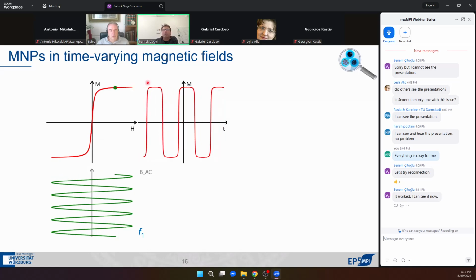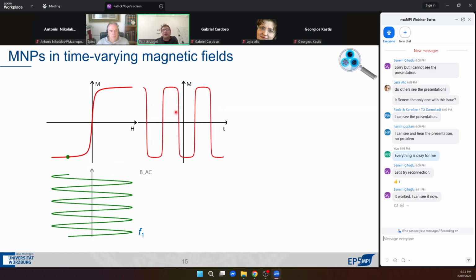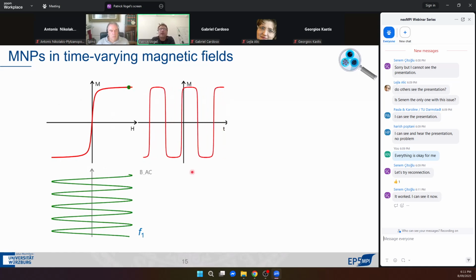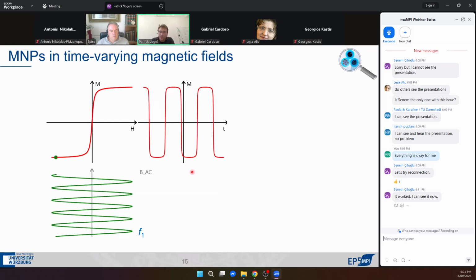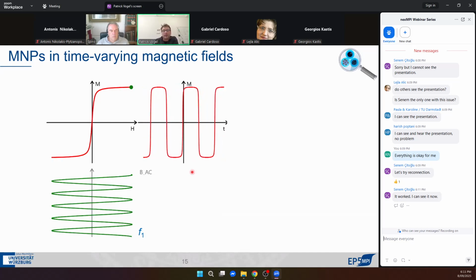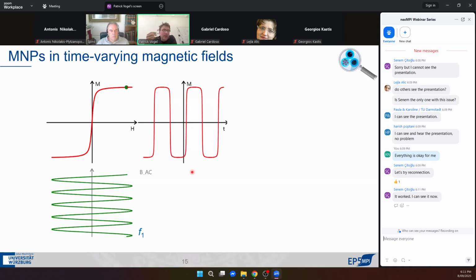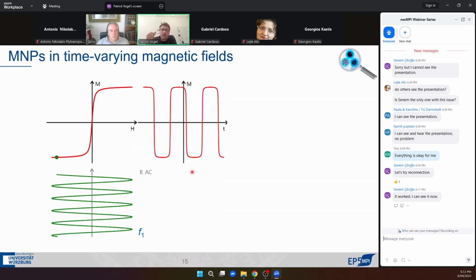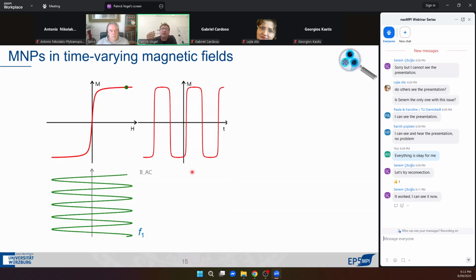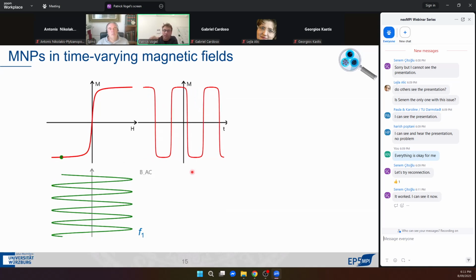And this creates this nice, rectangular shaped magnetization curve. And in MPI, normally you use additional electromagnets or coil systems to inductively measure the signal.